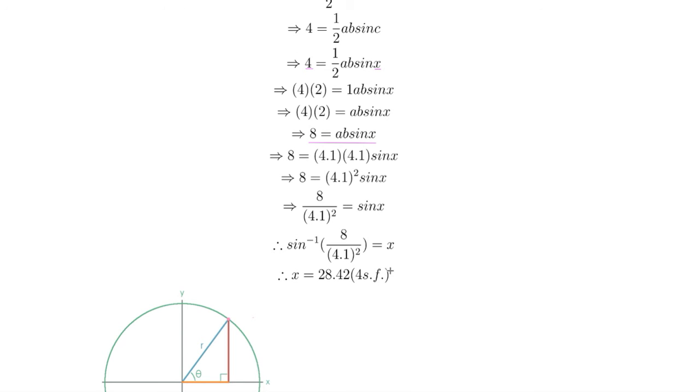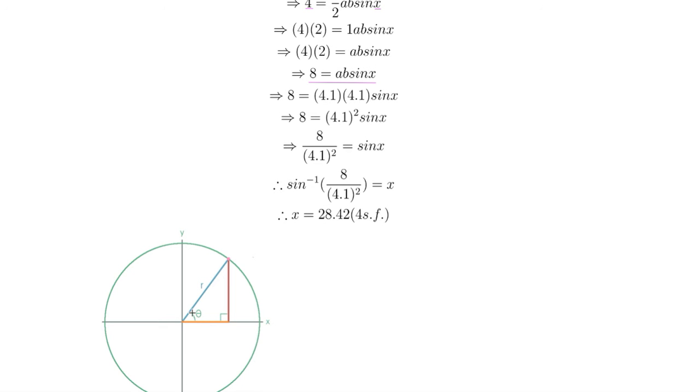Now, that is not the final answer. What that represents is if we have an angle in here, if that angle was about 28.42, then you'd have something like 4.1 squared, about 22. This length would be around 22-ish.